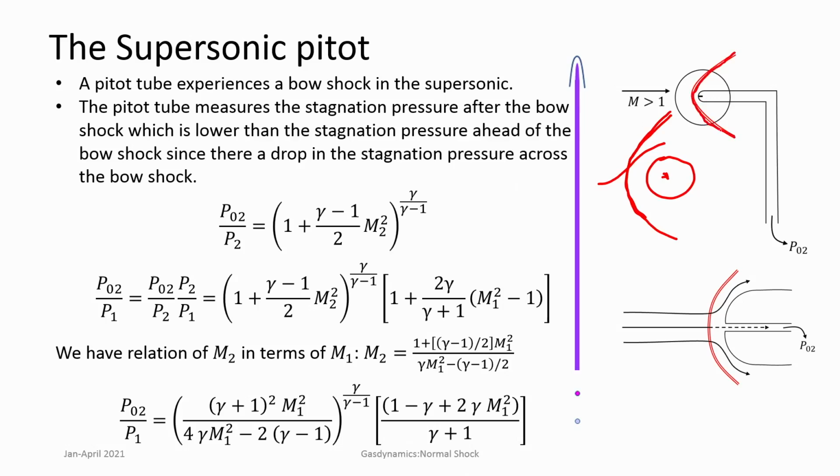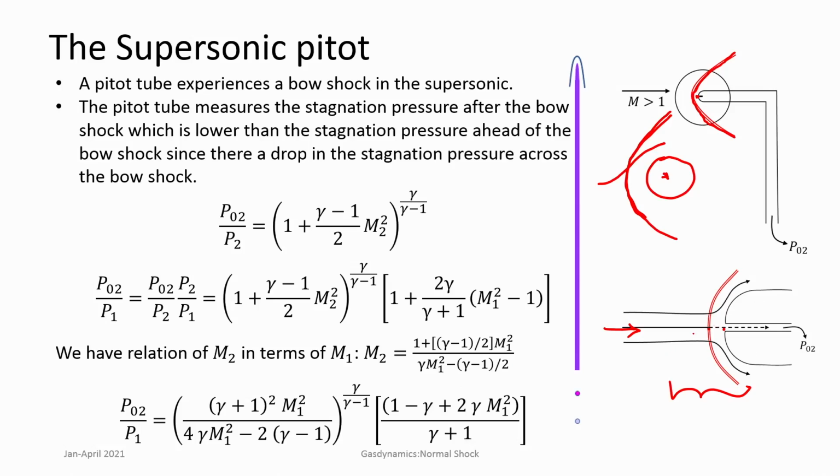So, there is a Pitot, there is a shock wave in front of the Pitot, and what the Pitot measures actually is the stagnation pressure downstream of the shock. If you take a look at the zoomed-in picture, you have the stagnation streamline going right here, and this is the Pitot, and very close to the nose of the Pitot there is a shock, and this shock is normal to the streamline at this point.